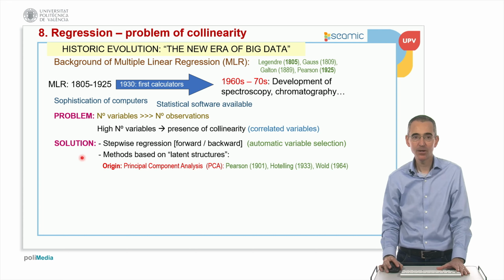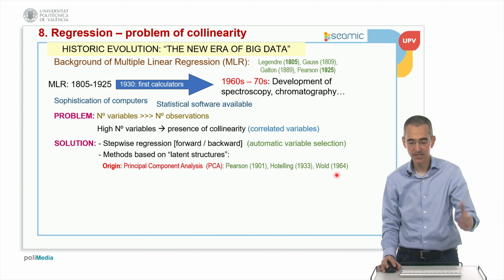But we can also use methods based on latent structures. The origin was the development of principal component analysis, abbreviated as PCA. This method was developed by Pearson in 1901 and further developed by Hotelling in 1933, and Wold in 1966 developed an algorithmic procedure to compute PCA.